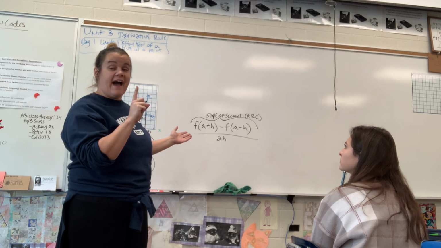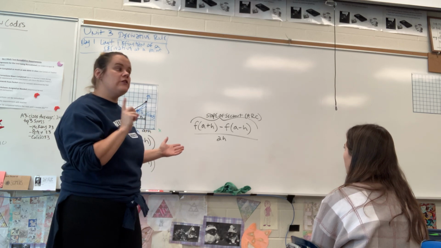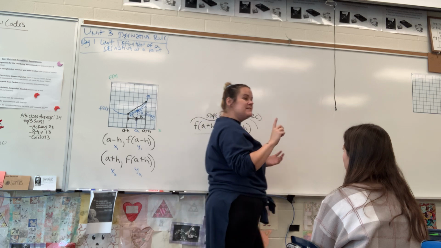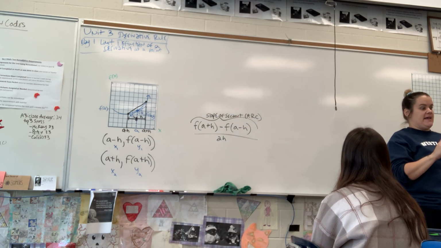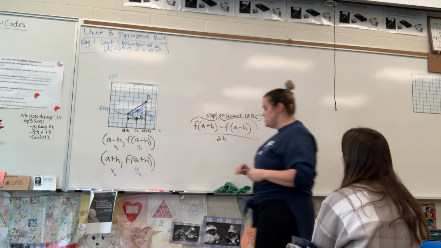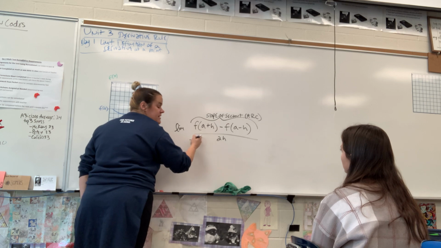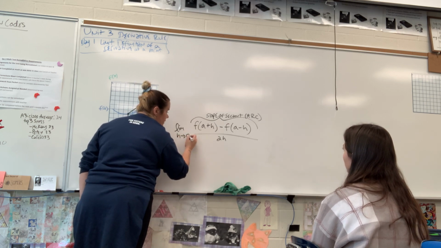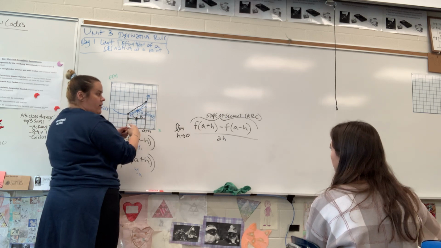To do that, what function that we've learned about this year can allow us to look at things as they get infinitely small? A limit. So as soon as I put here the limit of this function as h goes to 0, so the distance between these points and the point of tangency goes to 0, guess what?